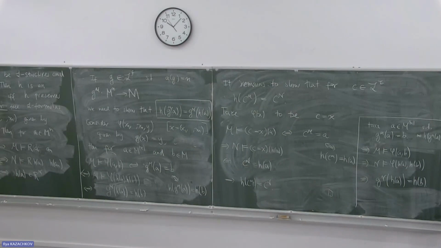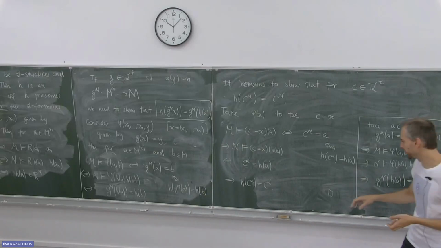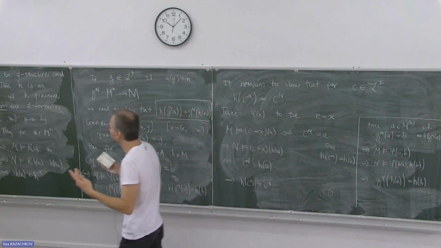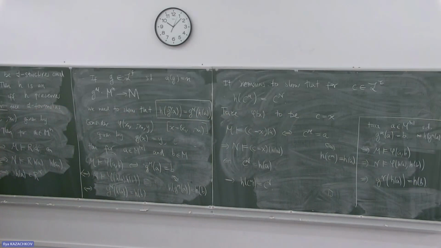Just a map that now does not preserve only quantifier-free formulas, but all formulas. And now these are the kind of maps we're going to be interested in. So this is an embedding which is really, really strong. And we're going to call this embedding, well, it's not a great word, elementary embedding. It has nothing of elementary. It's stronger than embedding, but this is the name they gave it. They being, I don't know, the fathers of model theory, something like this.